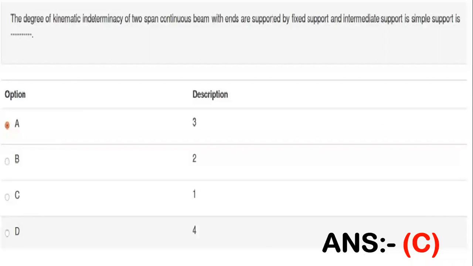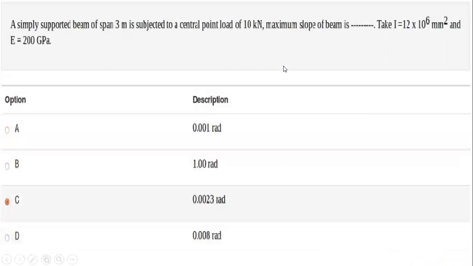Okay, we will see the next MCQ. A simply supported beam of span 3 meter is subjected to a central point load of 10 kilonewton. Maximum slope of the beam is dash dash. Take I as 12 into 10 to the power 6 mm raised to 4. This should be raised to 4, that is a correction. And E is equal to 200 GPa.